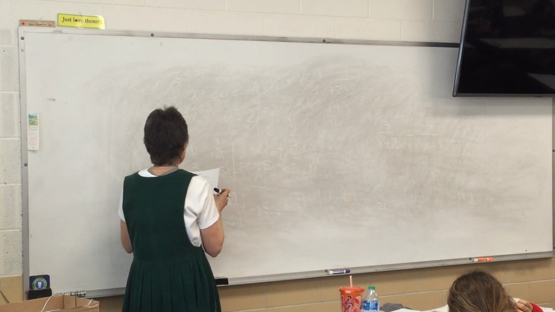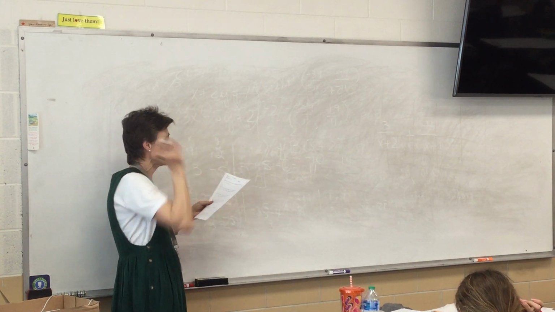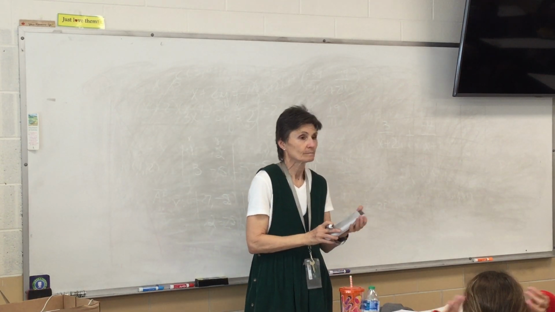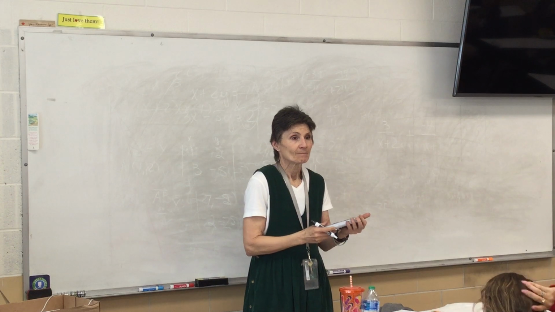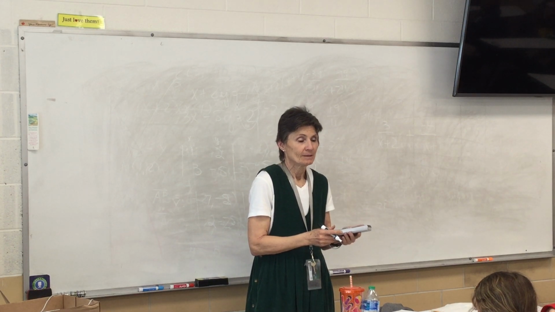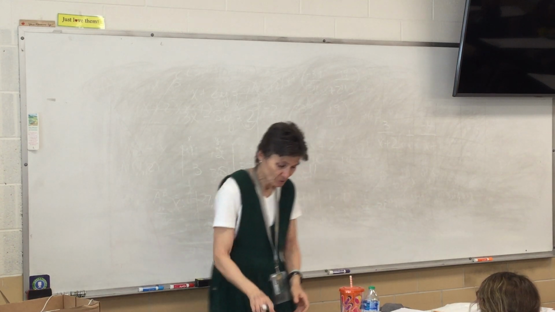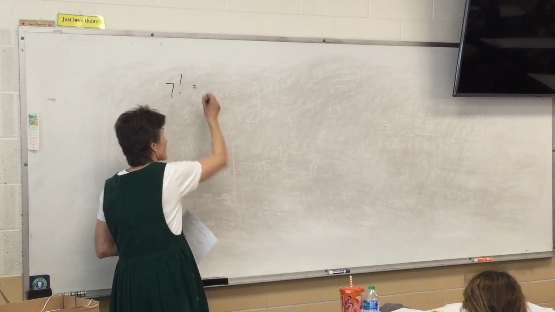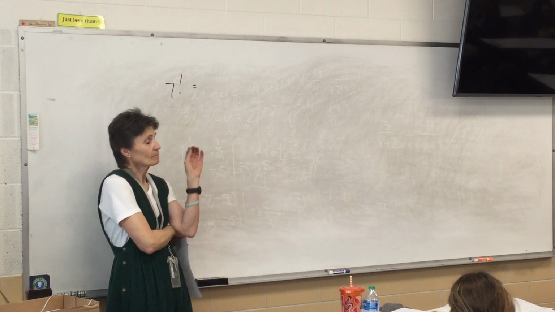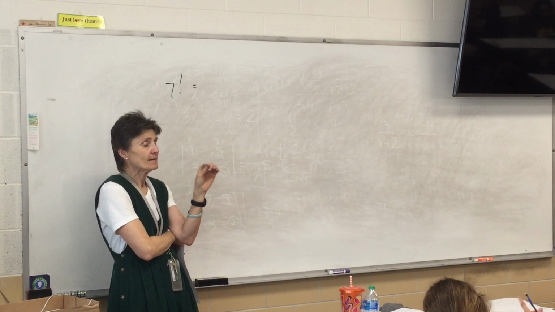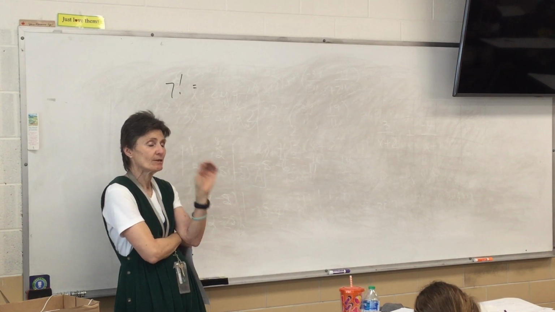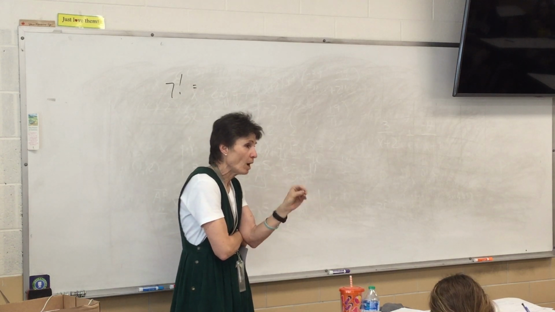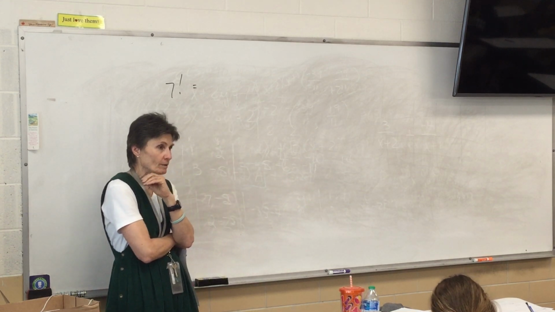Number one on the C side. How many ways can I arrange 7 books in a row? 7 factorial. So the answer to number 1 is 7 factorial. I'm going to say it again, and I'm sure you're sick and tired of hearing me say it. But 7 things in a row is 7 factorial.